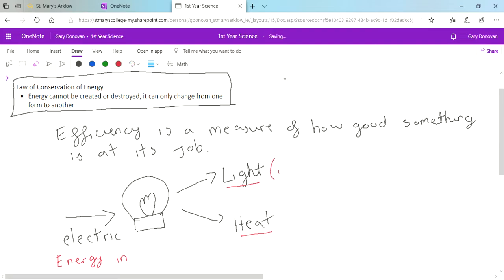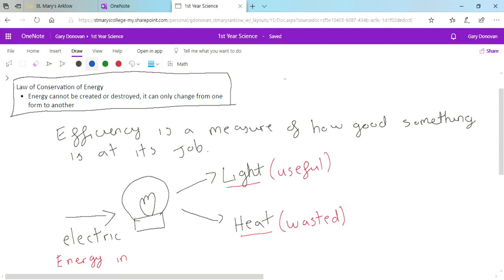So this energy is what we would describe as useful energy. That's what we want the light bulb to do. Heat, we don't want the light bulb to give us heat. It's a waste of energy. So this is described as wasted energy. The first thing you need to do in these questions is identify what's the energy in, which is usually the easy one, what's the useful energy, and what's the wasted energy.